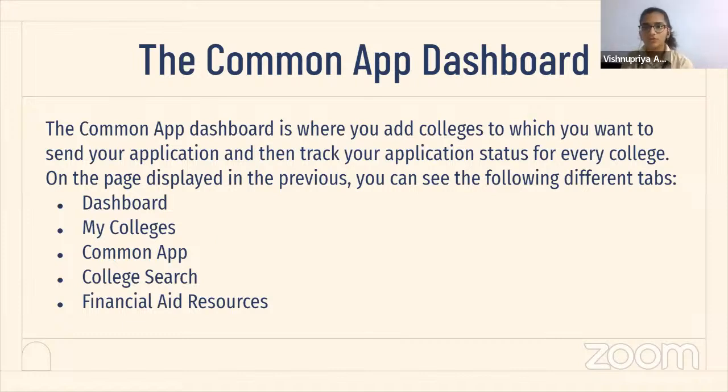You work on the application, you send the application, then the application is tracked, so the progress of the application is known, and you add colleges to apply to, right? So all of this is done through 5 sections, 5 tabs on the Common App dashboard. Dashboard, then My Colleges, Common App, College Search, and then Financial Aid Resources.